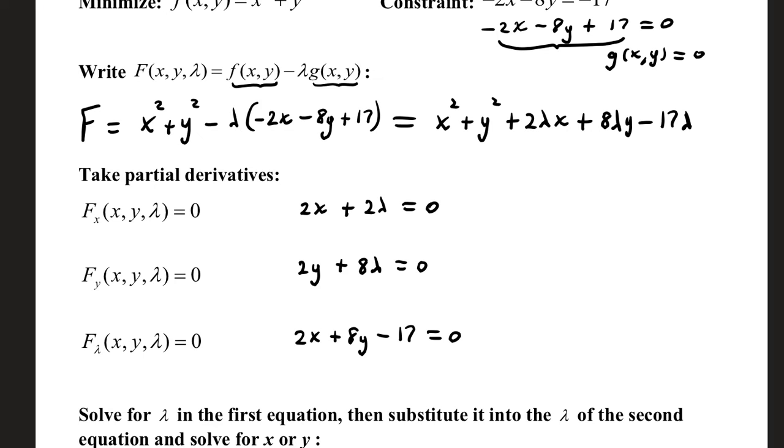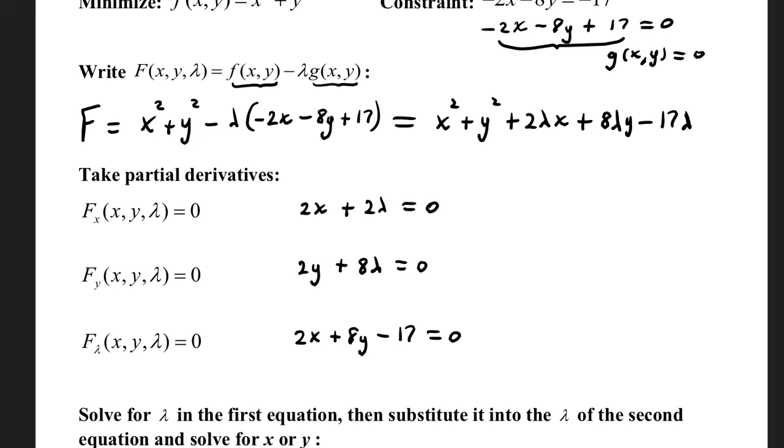Partial derivative with respect to y, we'll have 0, 2y, 0, 8 lambda, plus 0. There's only 2 terms with y, and those derivatives are 2y and 8 lambda. Set that equal to 0.